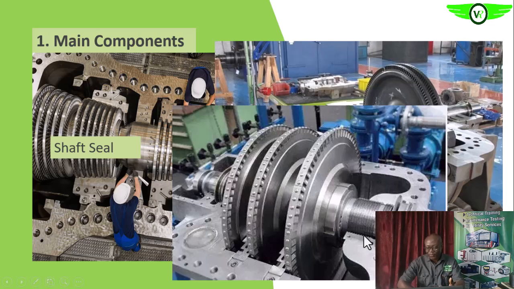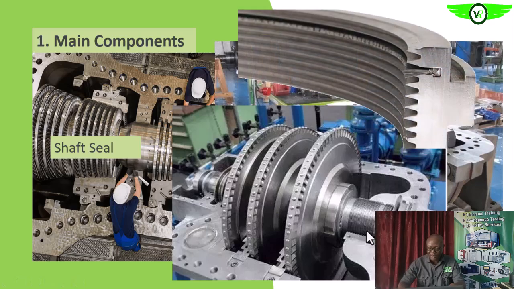So it will eventually cancel out or stop the steam from leaking out, because the pressure will have dropped as it's going out. So that's the labyrinth seal of this three-stage steam turbine.